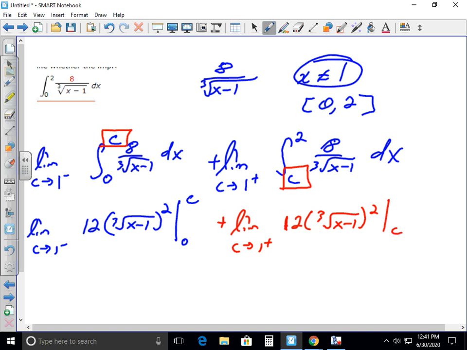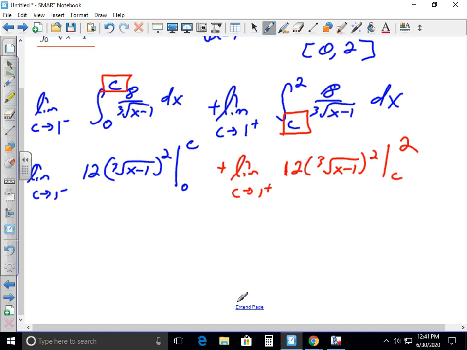This time we're going from c to 2. So for the first one, if we plug in a c, we get 12 times the cube root of c minus 1, squared.